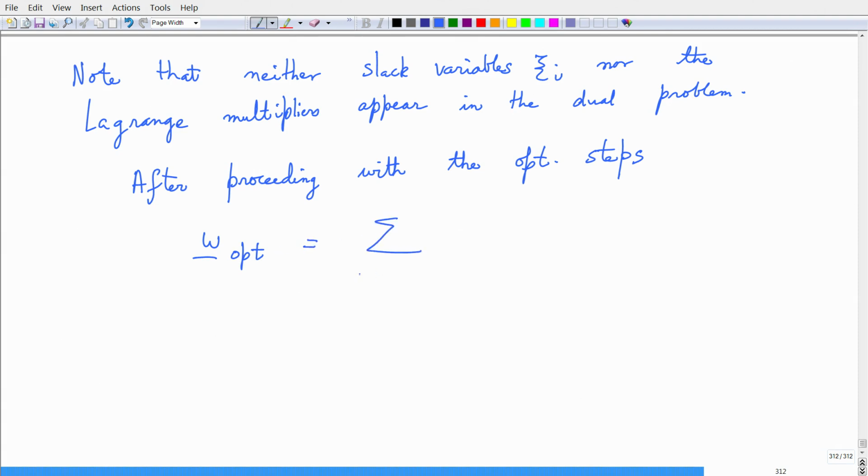given by the same quantity, summation I equals 1 to Ns of alpha optimum for each constraint I times di xi, and Ns here is an important variable, this is the number of support vectors.